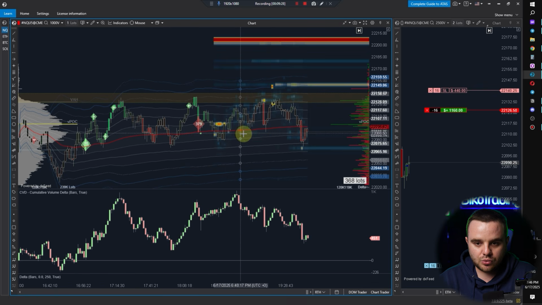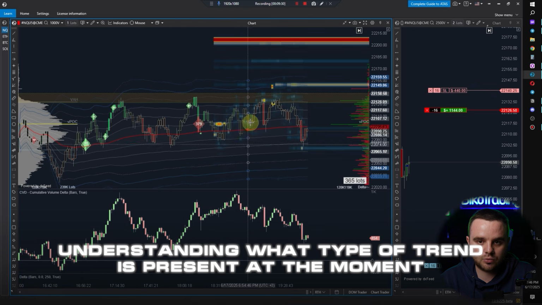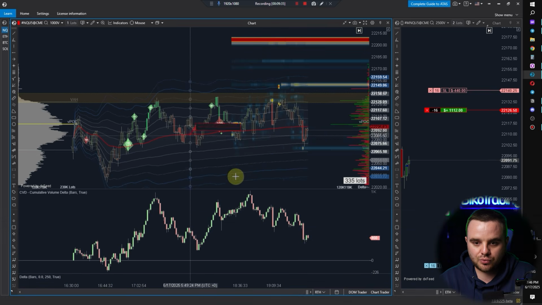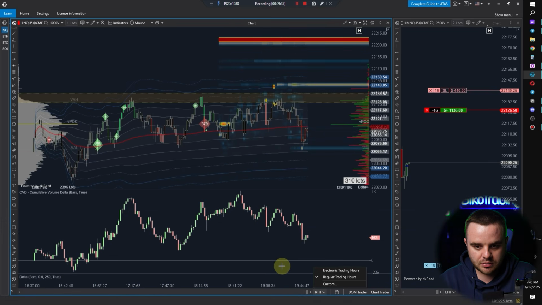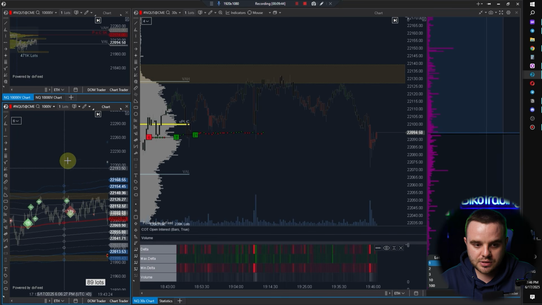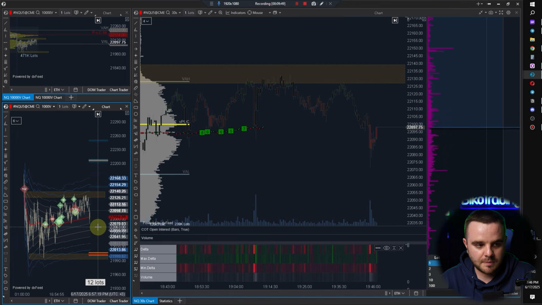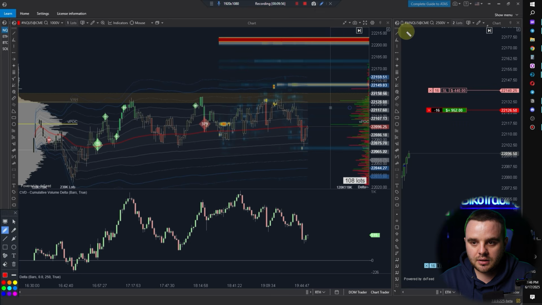What about other stuff? VWAP is also for understanding what type of trend we have at this moment. This VWAP I use for regular trading hours. It's only session opens, and here I use electronic trading hours, when the instrument starts its trading day. And additionally here I have a micro contract. I use this for execution of my trades because I trade micro contracts.